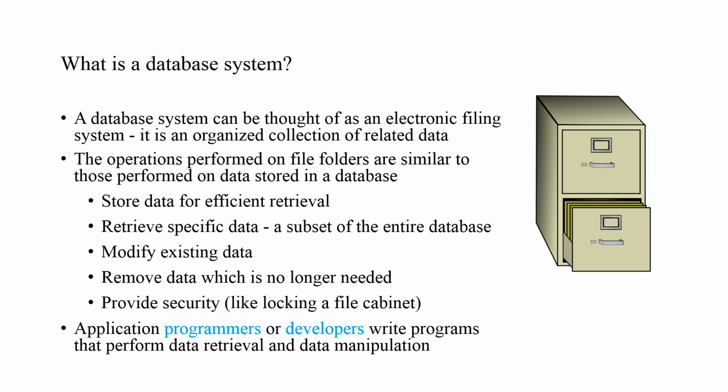Now, the individuals who work with databases, such as application programmers or developers, write these programs that perform the operations of these first four bullets that we've identified here: storing, retrieving, modifying, and removing the data. That would be data retrieval and data manipulation.